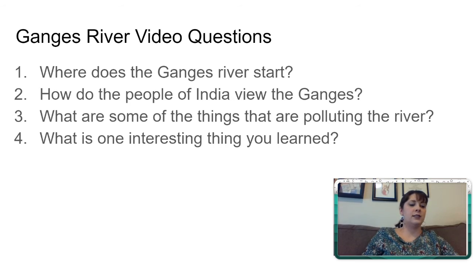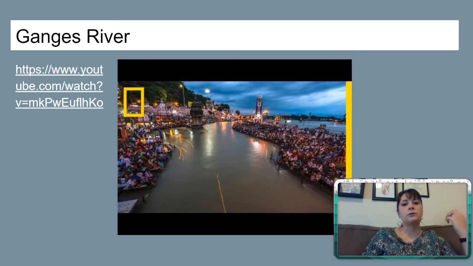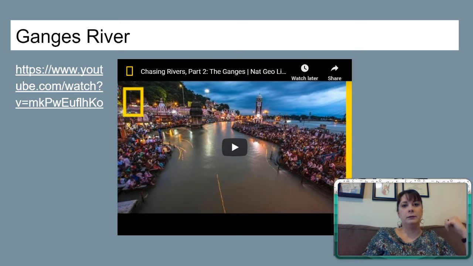It's going to look at some of the issues with it, as well as some of the religious impacts. I really like it. It's part of a series called Chasing Rivers. There's a really good one about the Colorado River, but this one's really, really great.